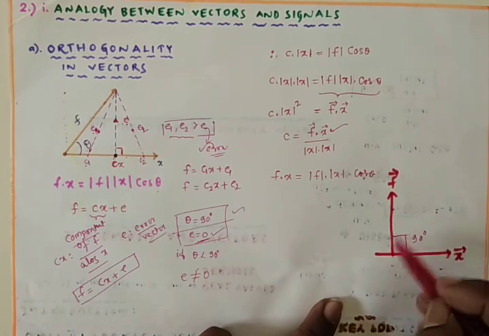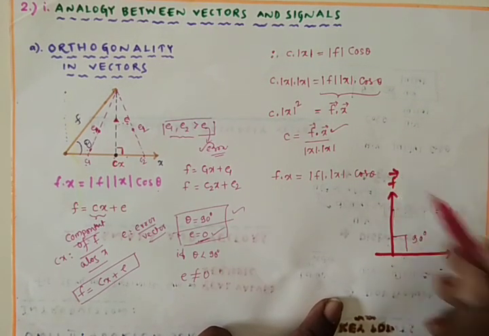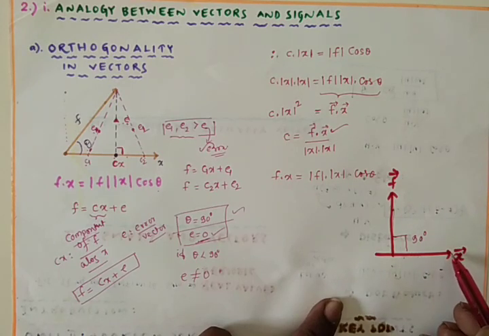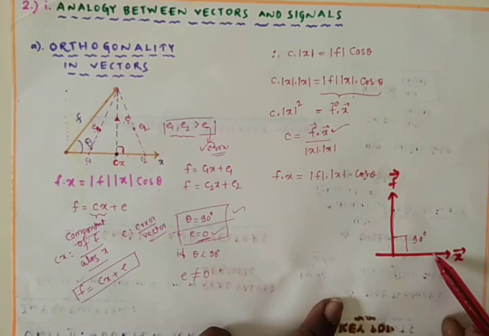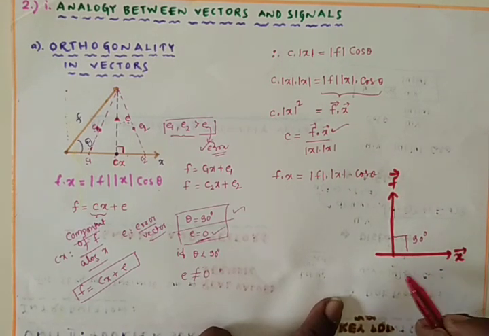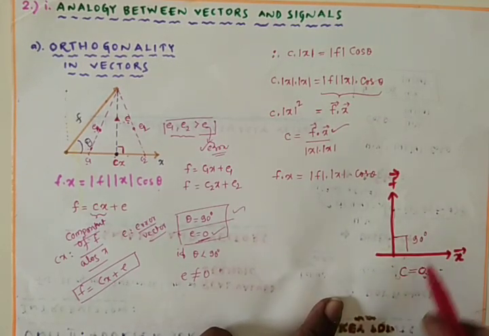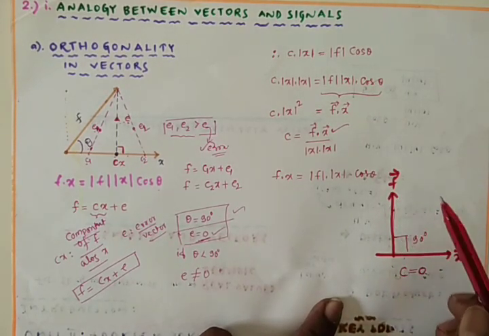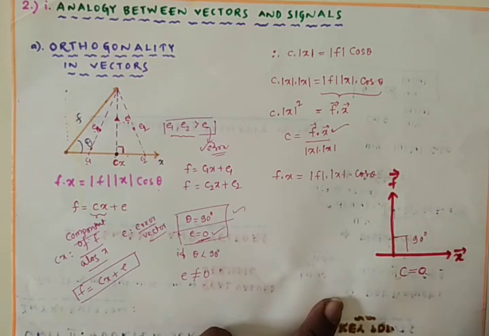90 degrees means each is a vector having magnitude and direction, one moving like this and the other moving like that. In such cases F will not project any component on X. That means the component C is equal to 0; the projection of F along X is 0.